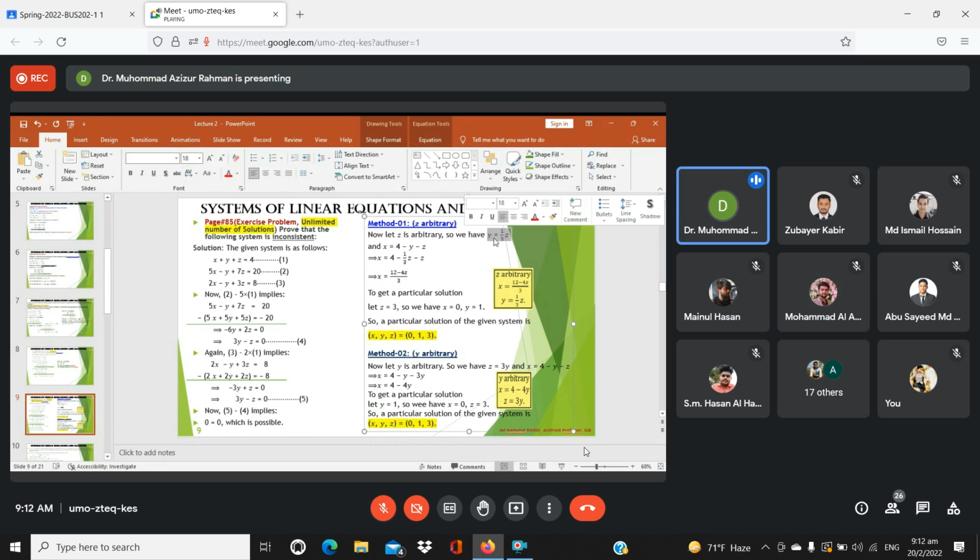So we find that y equals 1. And in that case, what should be the value of x? If z equals 3, then 0. So we found x equals 0, y equals 1, and z equals 3. So this is one solution, x, y, z.